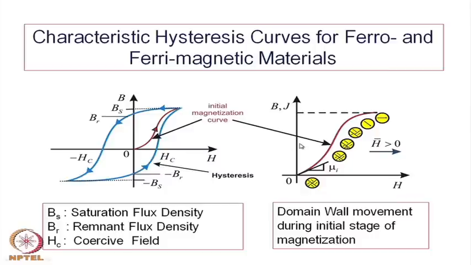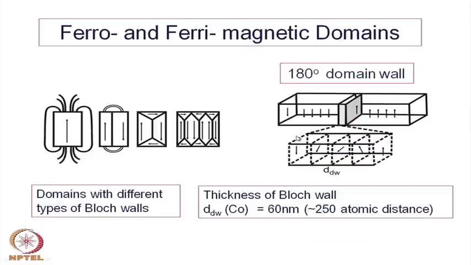With this we go to what exactly a domain structure is, how much detail we know about the domain structure. This is the kind of domain structure we have. For example, this is a single domain, the whole material, in which only one magnetic direction is there, all the moments are aligned in a particular direction.